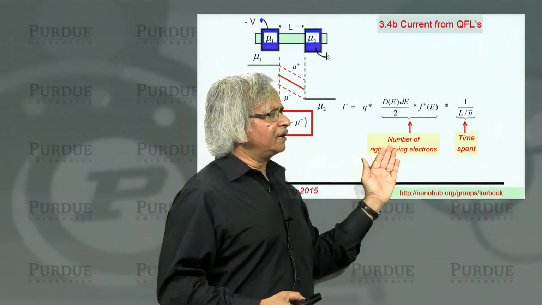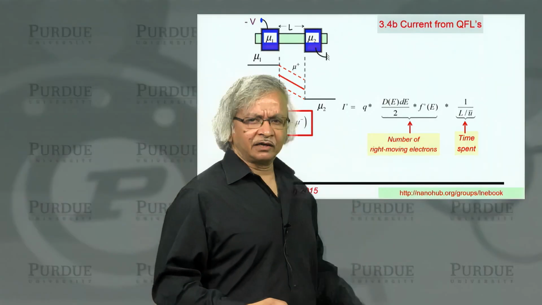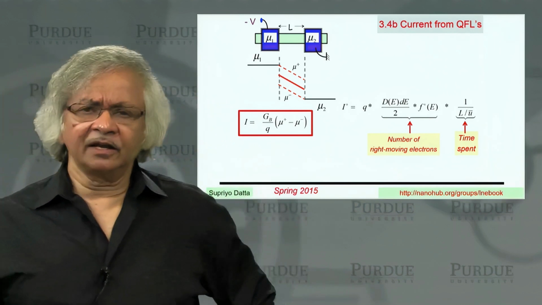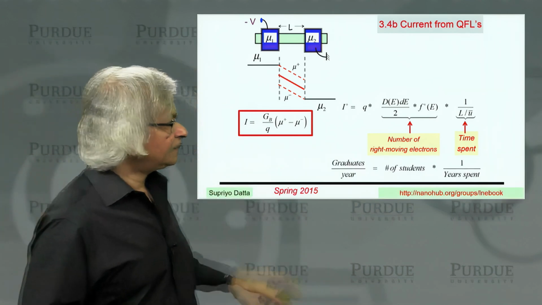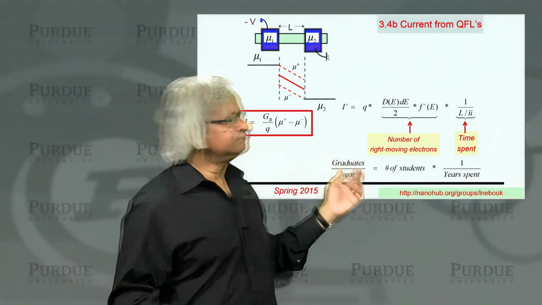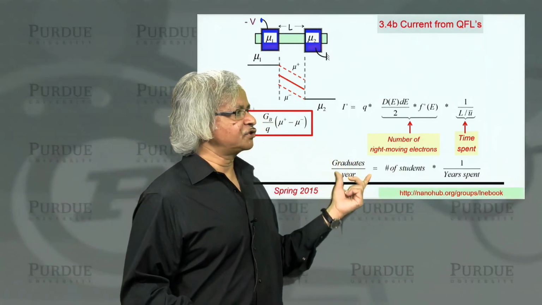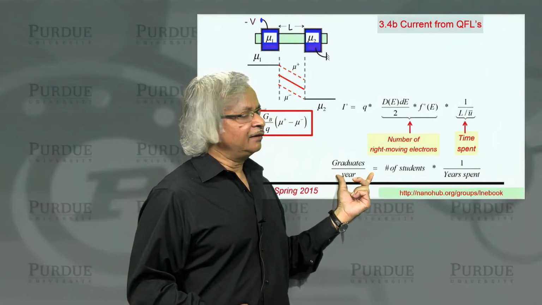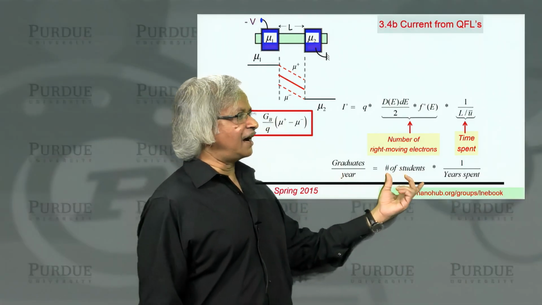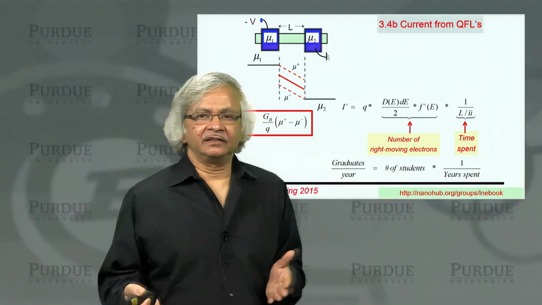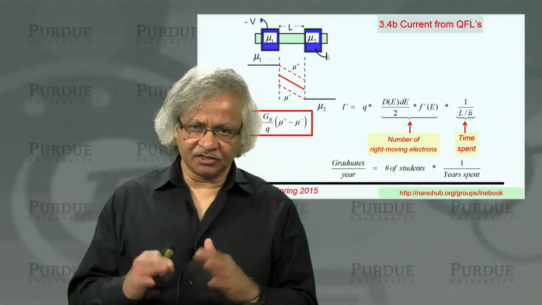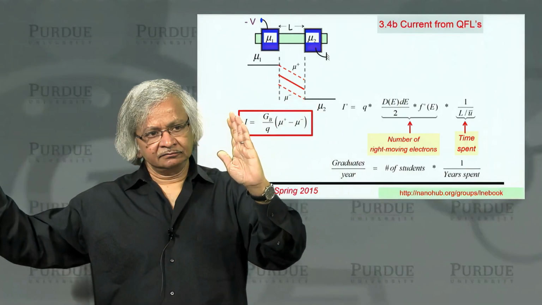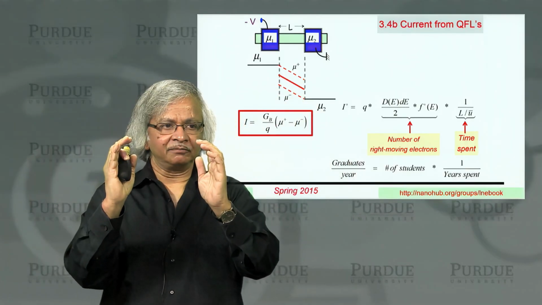Now, why does the number times the time give you the current? That's also actually not obvious unless you have seen this before. And here I often use the analogy that if you had a graduate program where, say, 100 students graduate every year, then you can convince yourself that, in steady state, every year 100 come in, 100 leave. The question is, how many students are in your program?